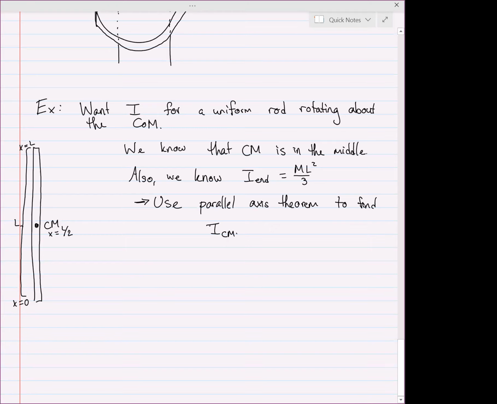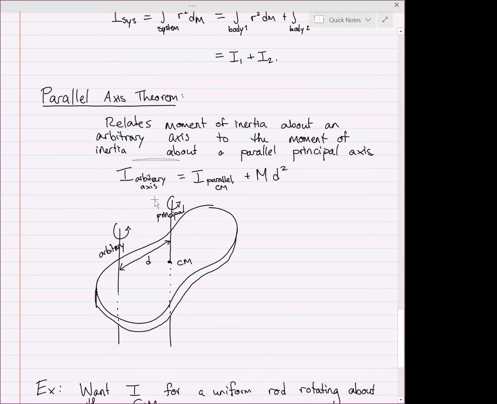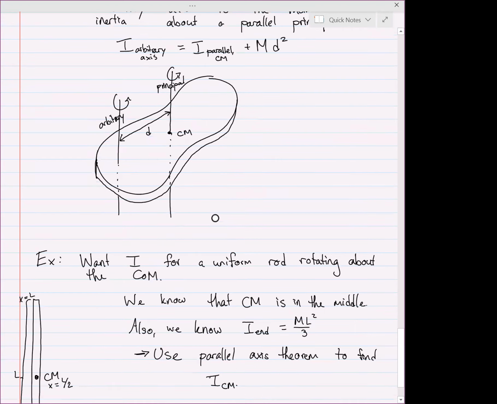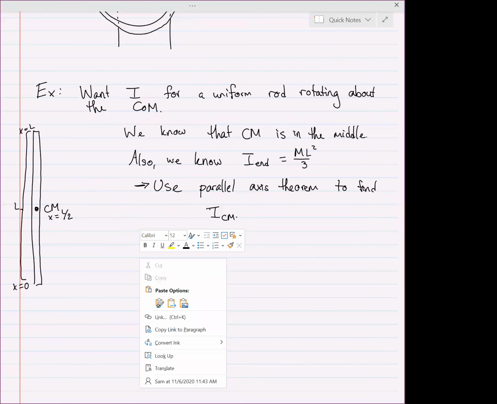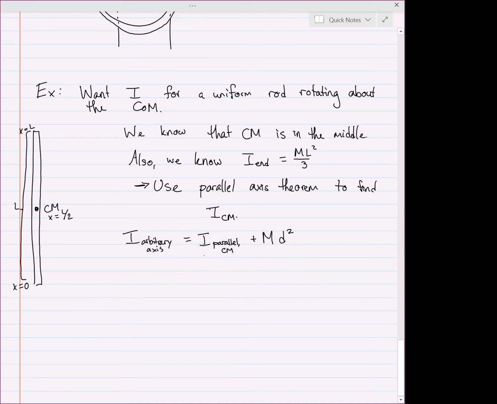So let's do that. The parallel axis theorem says the moment of inertia about some arbitrary axis is equal to the moment of inertia of a parallel axis that passes through the center of mass, plus the mass times the distance between them squared. In this case, this is I_CM, the axis that was passing through the center.